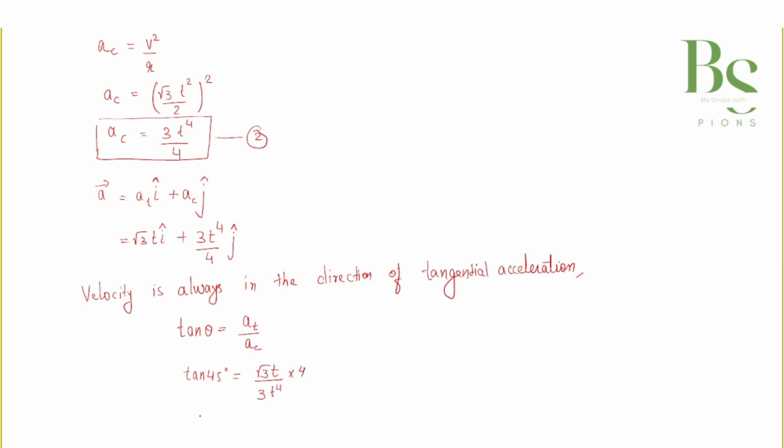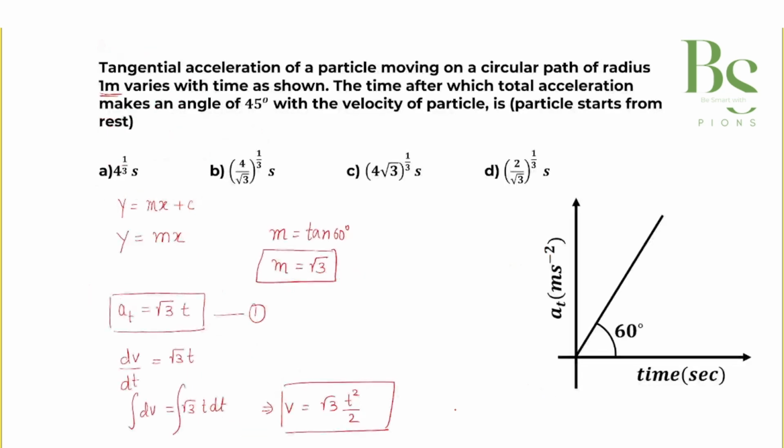And tan 45 is nothing but 1, and that will be 4 root 3 by 3 t cube, correct? And this implies t cube is equal to 4 upon root 3, or t is equal to 4 upon root 3 whole power 1 by 3. So that is our answer, option B.